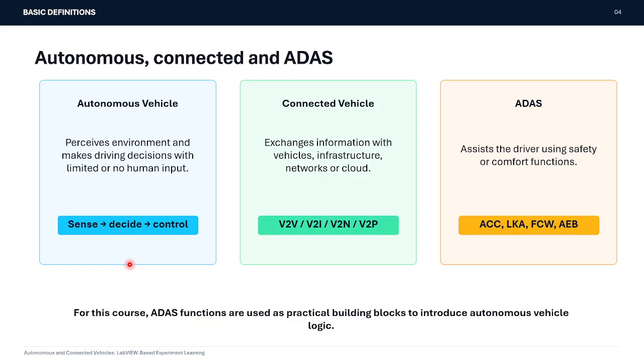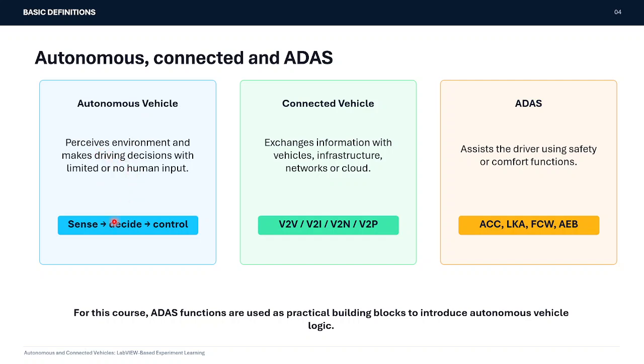Actually, consider the autonomous connected vehicle and the ADAS system. ADAS is the advanced driver assistance system. All modern vehicles have ADAS, with features like ACC, lane keeping, forward collision control and emergency braking. The next level is the autonomous vehicle.